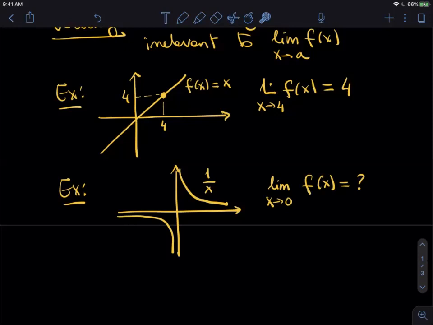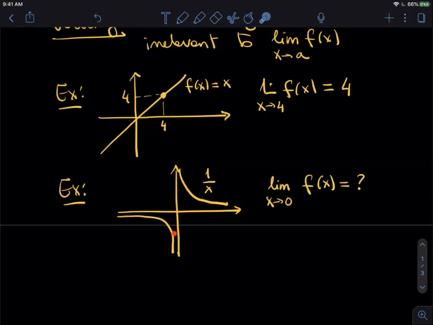If we approach x equals 0 from the left, the points seem to go all the way down. There's an asymptote. If we approach x equals 0 from the right, we keep going up and up, and there is a jump here.